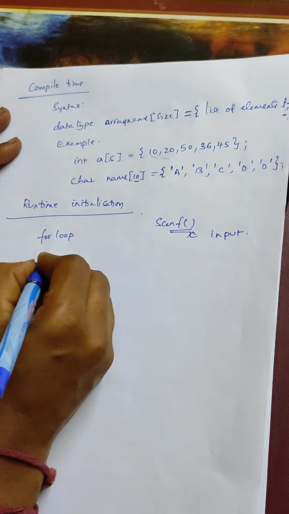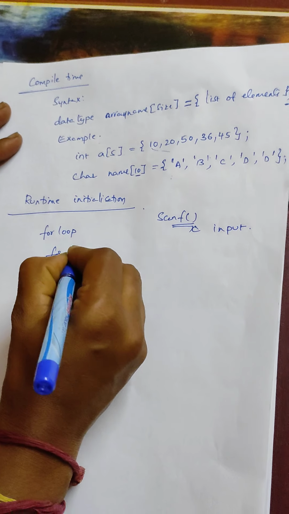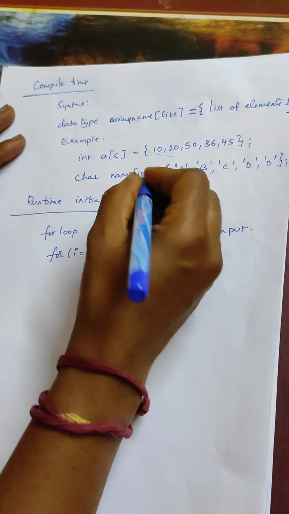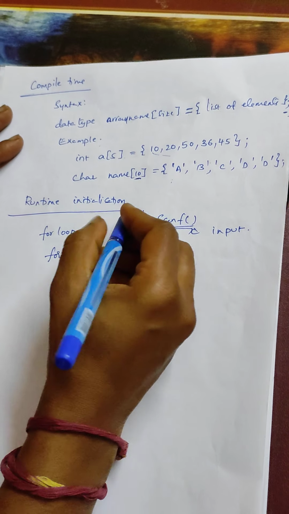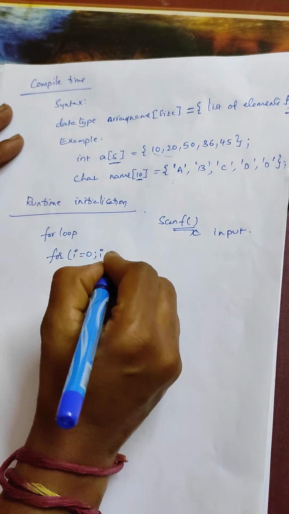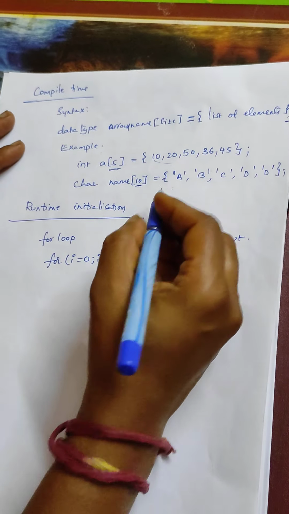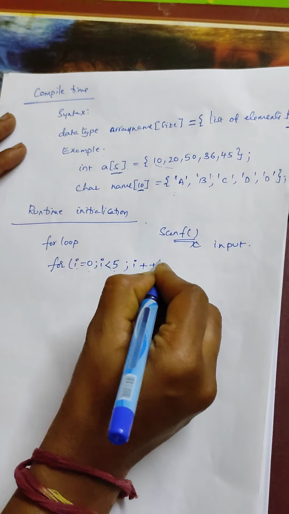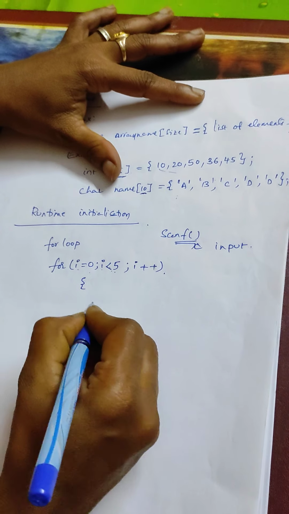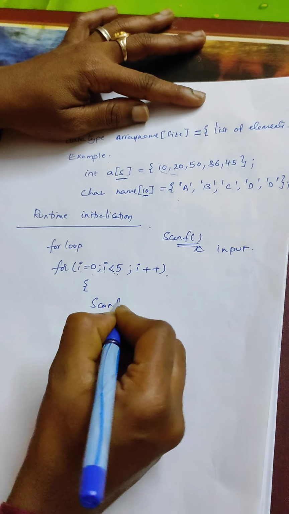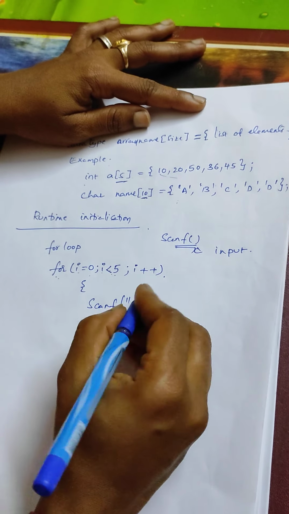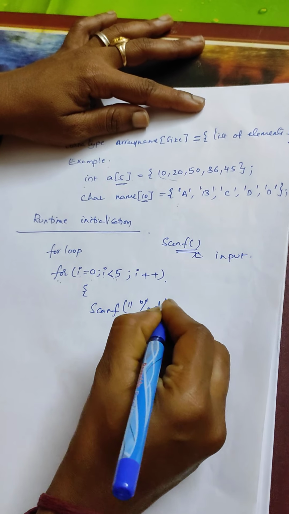So you can use a for loop like i equals 0 and i less than whatever size you have to specify here. Suppose for this array my size is 5, so i equals 0, i less than 5, then i plus plus. Then you can write your scanf statement here. This is of type integer, so I can use %d as my format specifier.